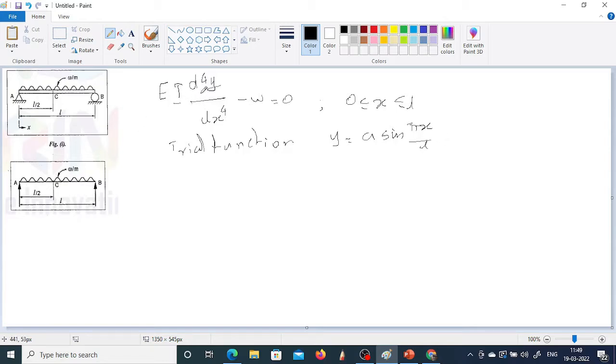In our equation there is d⁴y/dx⁴. So now how do I identify the residual? I have to differentiate the trial function four times, because the main differential equation of the problem is of fourth order.